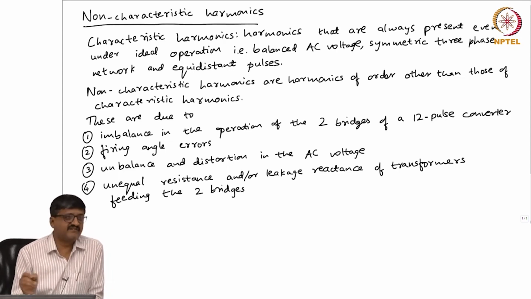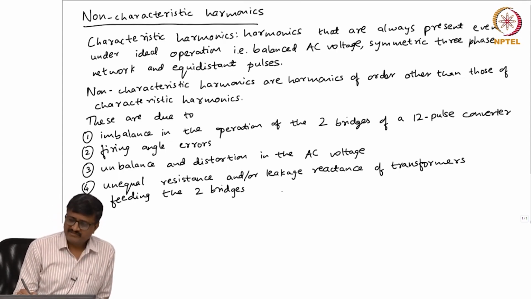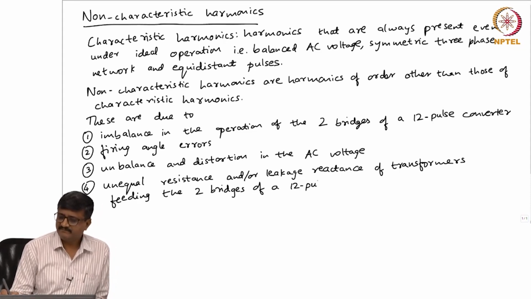See, a bridge is a 6 pulse converter, feeding the two bridges of a 12 pulse converter.